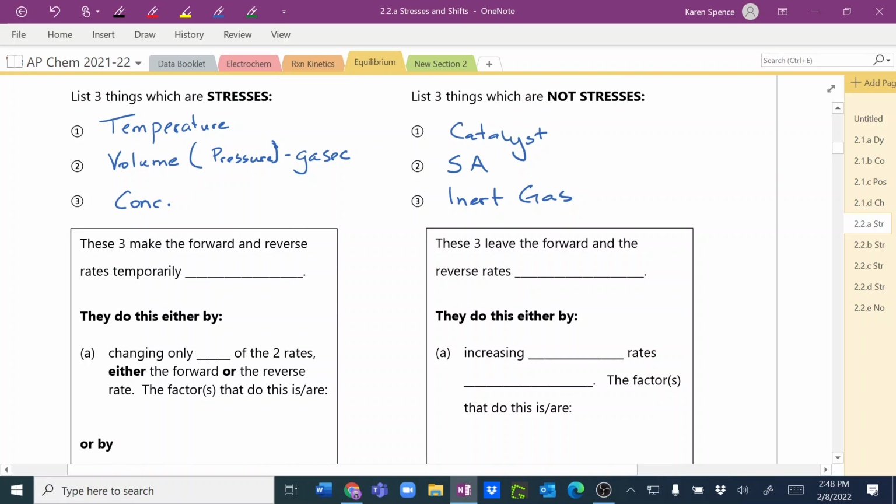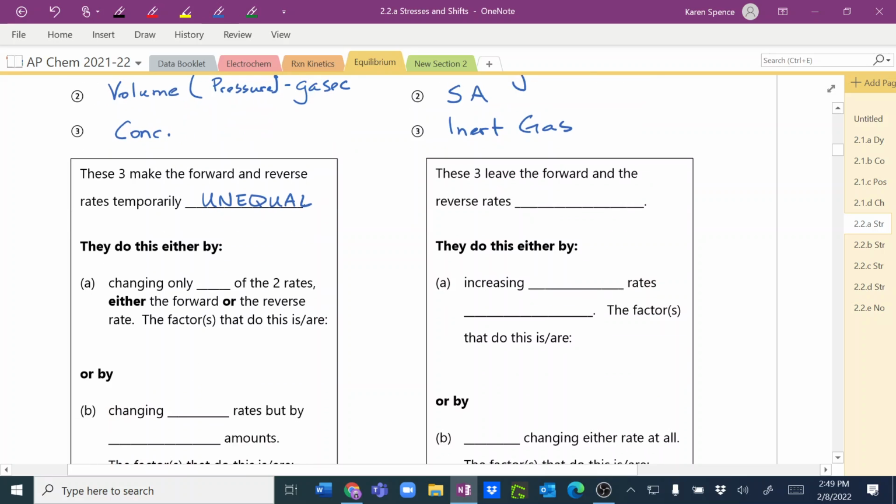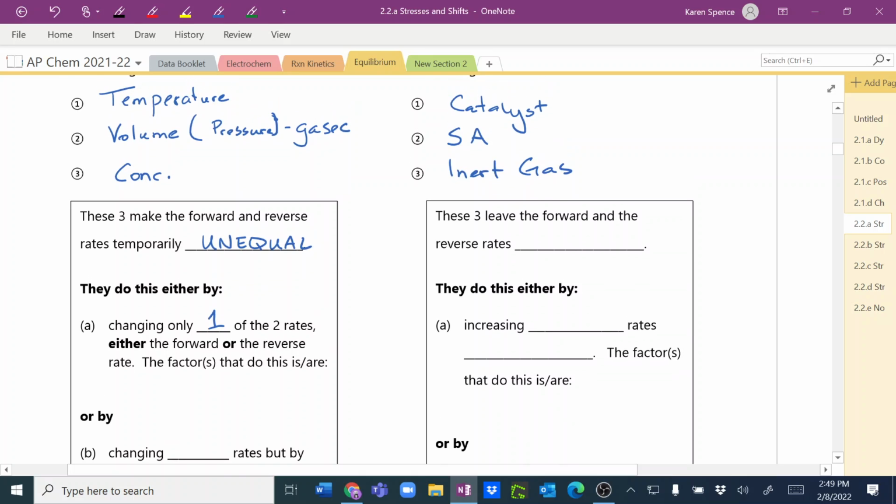Okay, so tell me, the 3 things that are stresses, they make the forward and reverse rates temporarily what? Unequal. And they can either do that by changing only one of the 2 rates, either the forward or the reverse rate. Okay, so can you think which of those factors would affect only one of the rates?